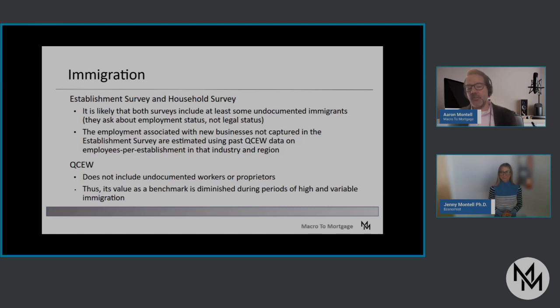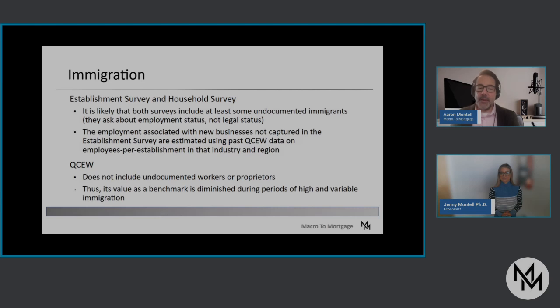That's exactly right. So basically, just to make sure that I understand, if someone starts a delivery business, and that gets picked up by the data, someone then looks at that and says, "Hey, according to past historic QCEW data, a delivery business on average employs 5 people."